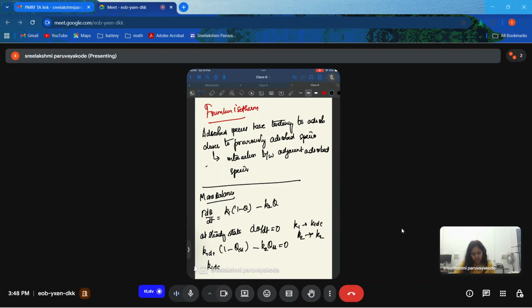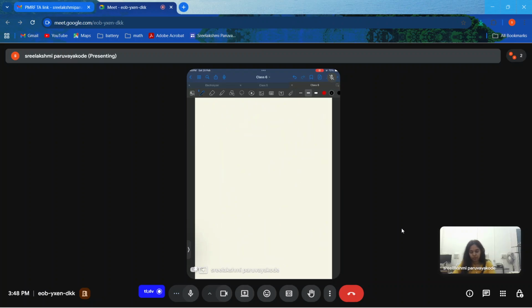Let me rearrange it, and I have K1 DC by (K1 DC plus K2) equal to theta SS. This is the steady state theta value.